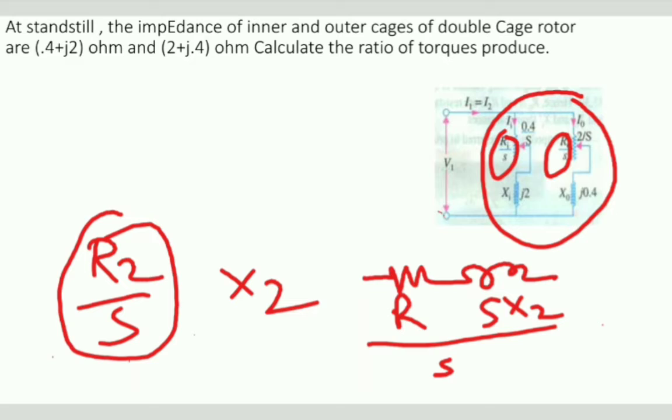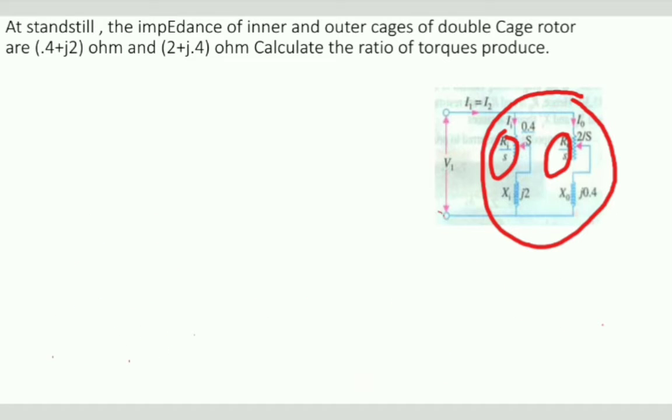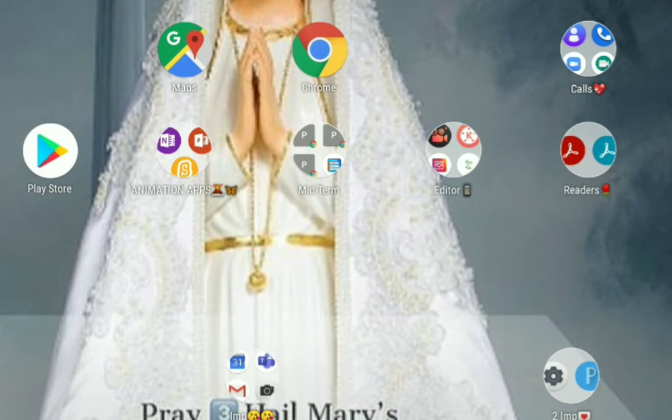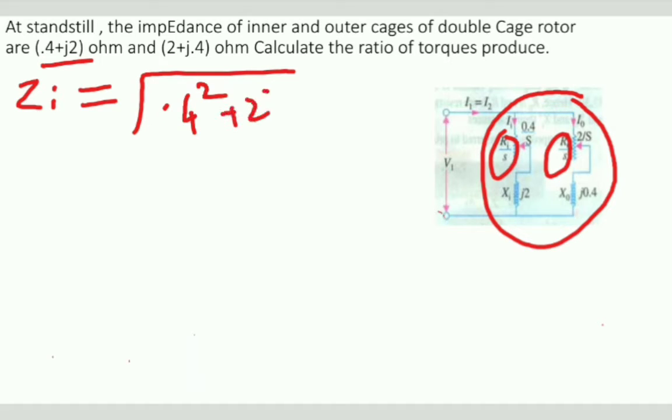Now how to proceed? Here the impedance is already given, so first let us find the magnitude of the impedance. For the inner cage, Zi is the root of 0.4 square plus 2 square.